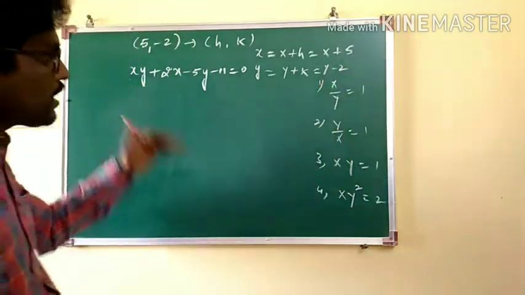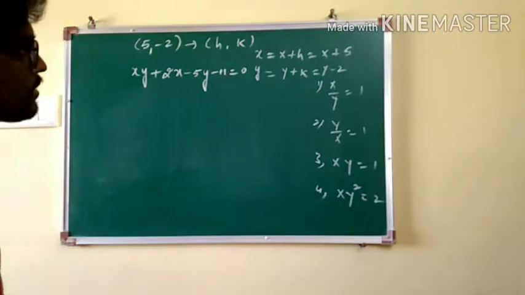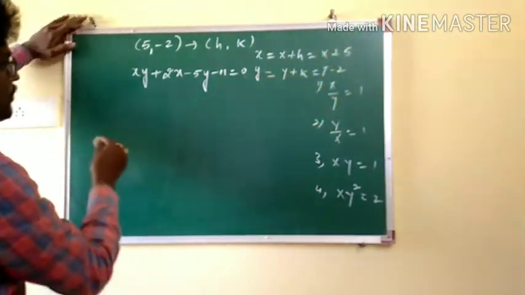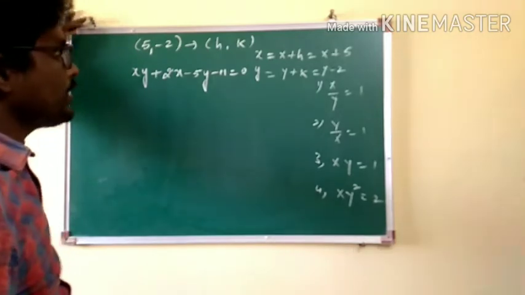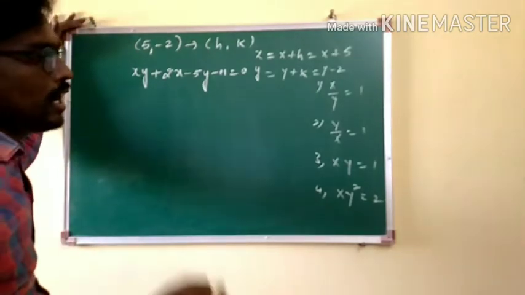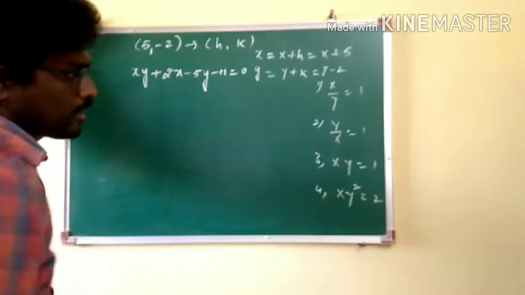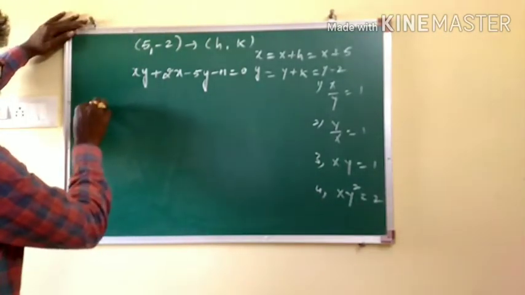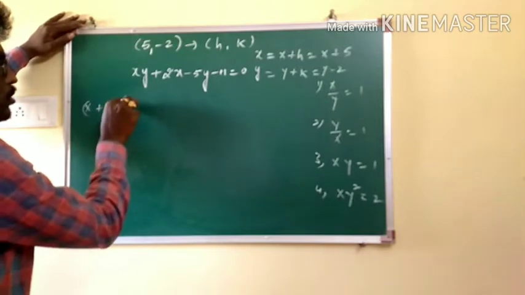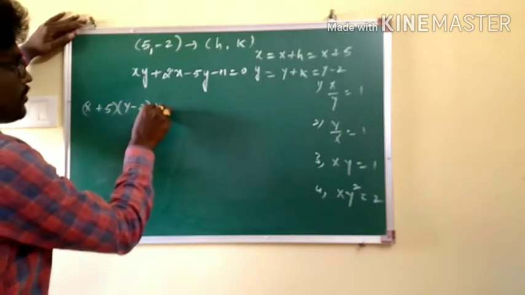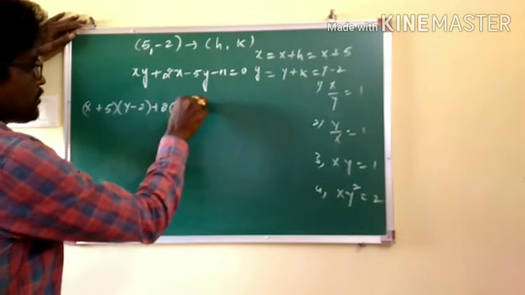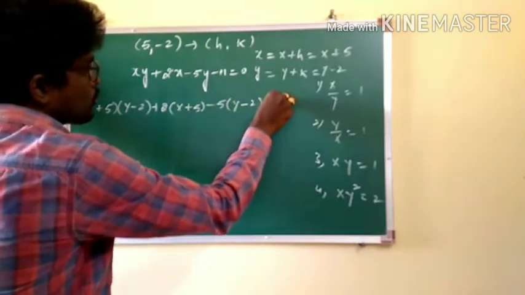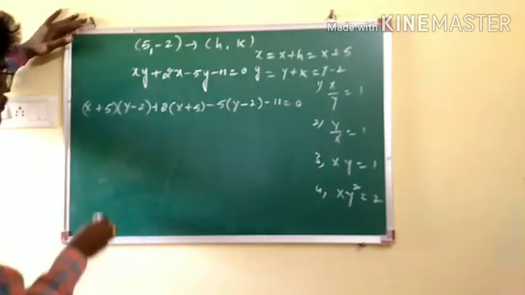So in the given equation, we have to replace small x by capital X plus 5 and small y by capital Y minus 2 to obtain the equation in the new system, so that the outcome will be in terms of capital X and capital Y. Capital X plus 5 into capital Y minus 2, plus 2 into capital X plus 5, minus 5 into capital Y minus 2, minus 11 is equal to 0.